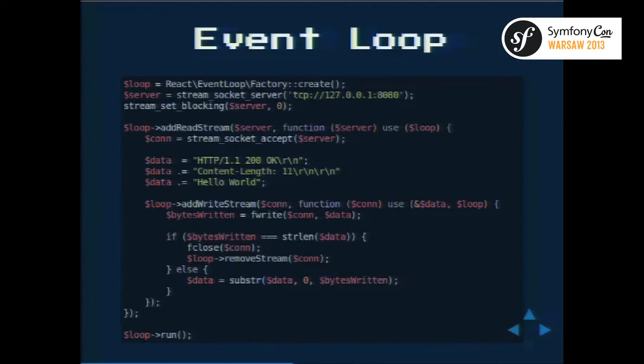And then stream set blocking, which is the function we're using at the top, is still very important. It basically tells us, when we're doing the actual reading and writing on the raw stream resource, is that allowed to block at all? The reason we need to say that no, it's not allowed to block is because we might do the poll loop and it might say, yes, you can write to the stream, or yes, you can read from this. But if we tried to read, say, 100 bytes and there were actually only 50 available, we would block until the next 50 became available.